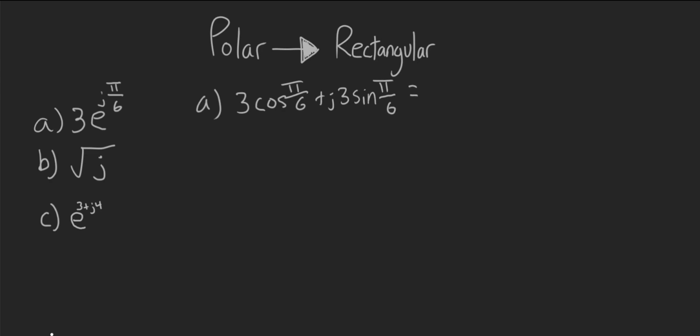And this is equal to 3 times square root 3 over 2 for the real part, and for the imaginary part that is equal to 1.5. So that's a solution for part A.